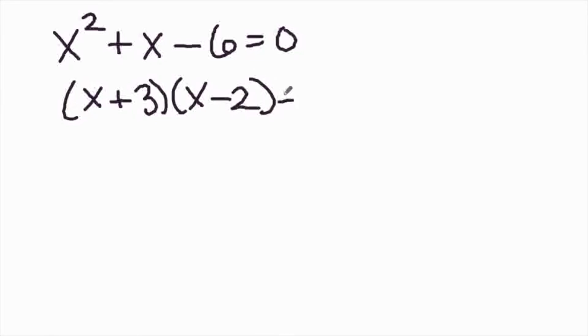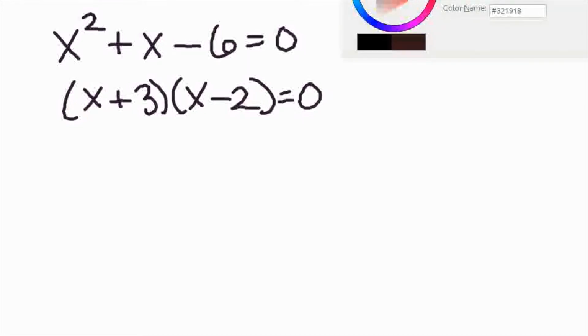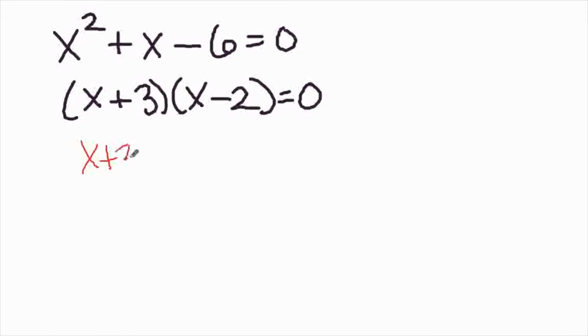Okay, now that we have it factored, we have a product, and the product must equal 0, right? So let's use the fun fact that we were just talking about a second ago. We said that if a product is 0, then one or both must be 0. So that means x plus 3 has to be 0.